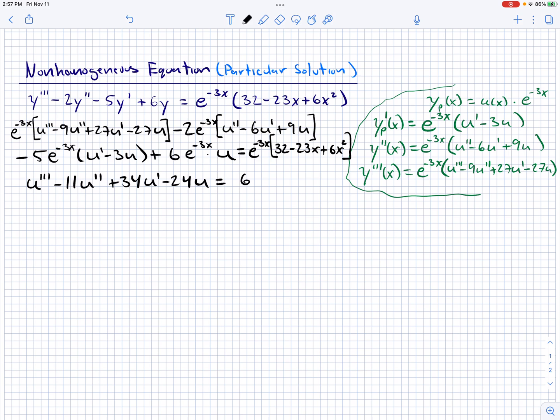and I'm going to write the polynomial with the highest power term first, mainly just because I like to do that, but you don't have to. And then this makes it nicer, so we can solve this without having to use all the e to the negative 3x stuff.